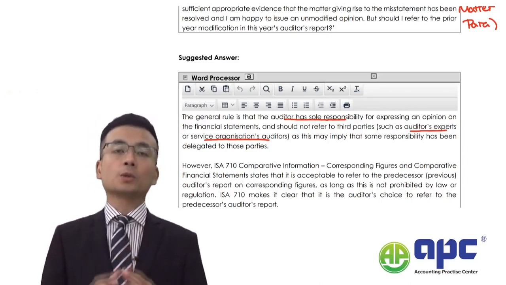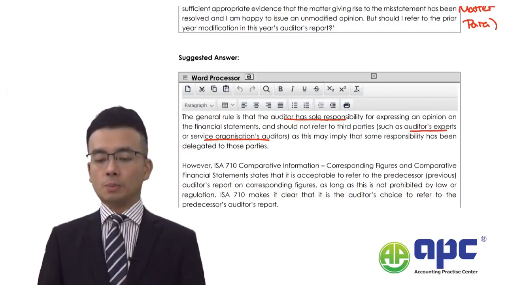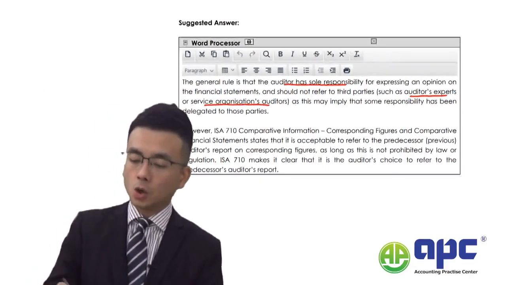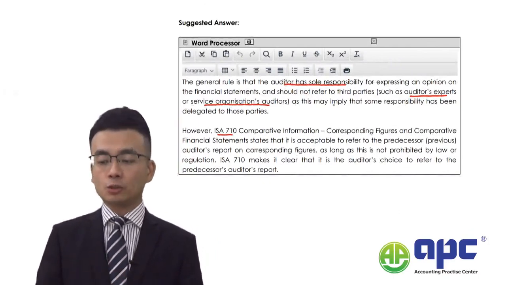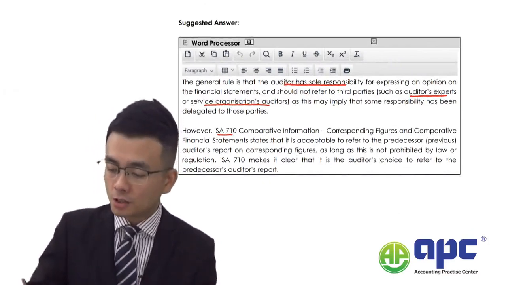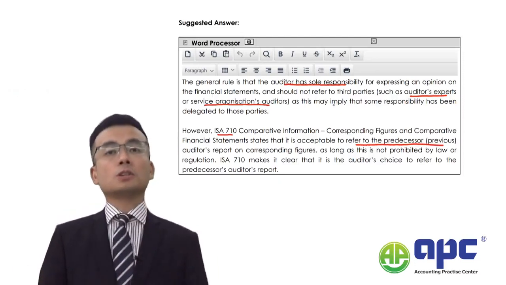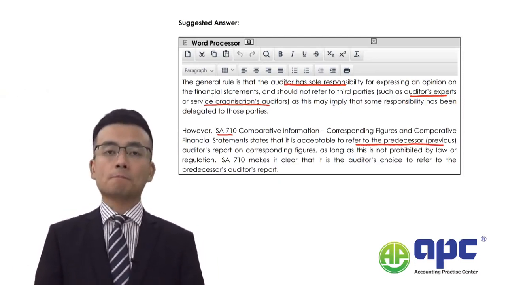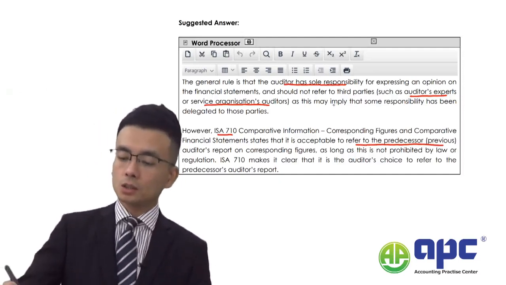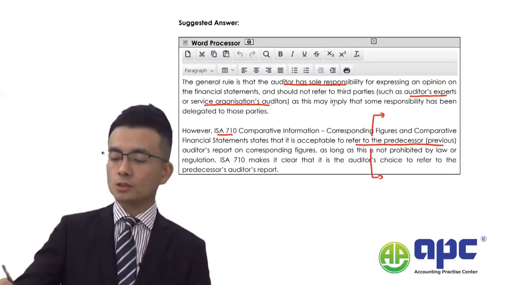I cannot include them in our audit report. But according to the standard ISA 710 for comparative information, we may refer to the predecessor auditor's report, including their opinion. And of course, there will be two situations. One is must and one is may.